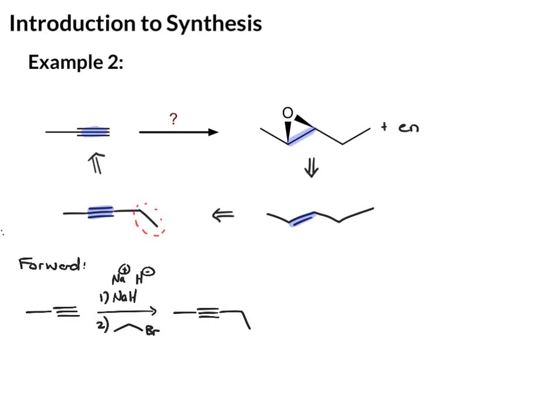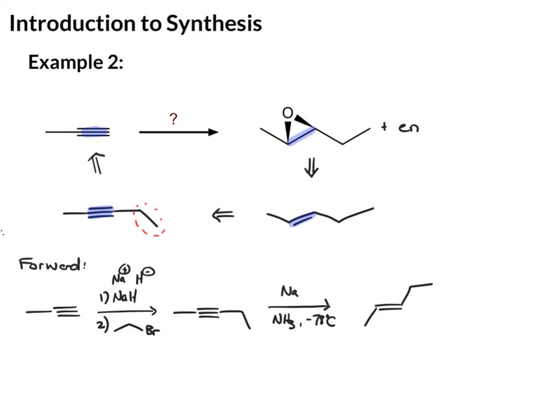There's our alkylation product. Now we need the trans alkene. For that, you want to use the dissolving metal reduction. So use sodium, ammonia, low temperature. So there's our trans alkene.